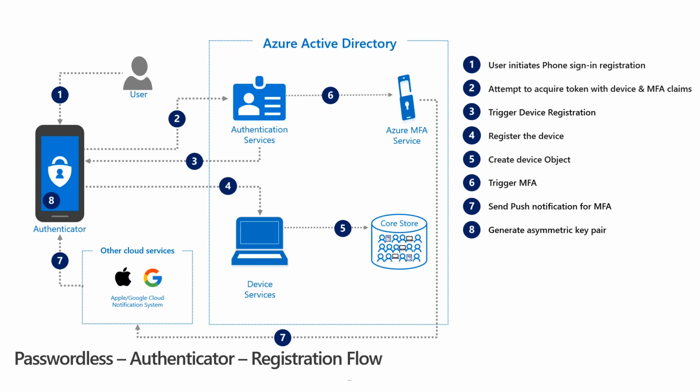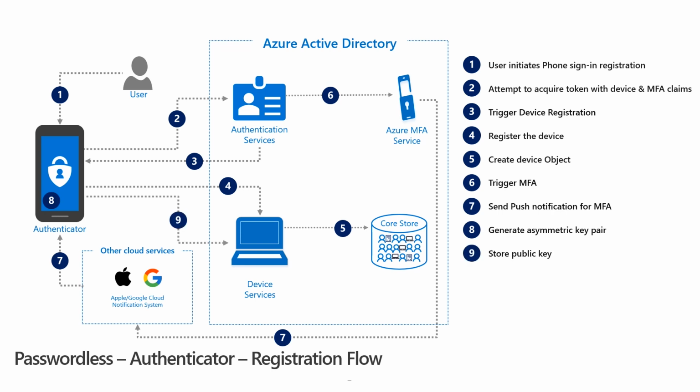At this stage, since we have a token with device and MFA claims, an asymmetric key pair is generated on the device, a public key that will be shared with authentication services, and a private key that will reside on the device itself. This private key will never leave the device, and it is never shared.